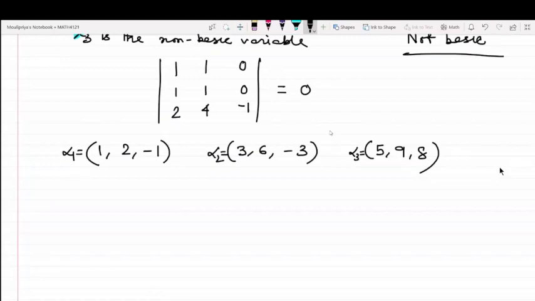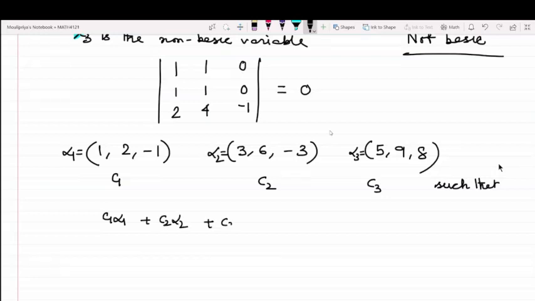Now the target is to find scalar quantities, say C1, C2, and C3, such that C1 alpha 1 plus C2 alpha 2 plus C3 alpha 3 is equal to theta. What is theta? Theta being the null vector.